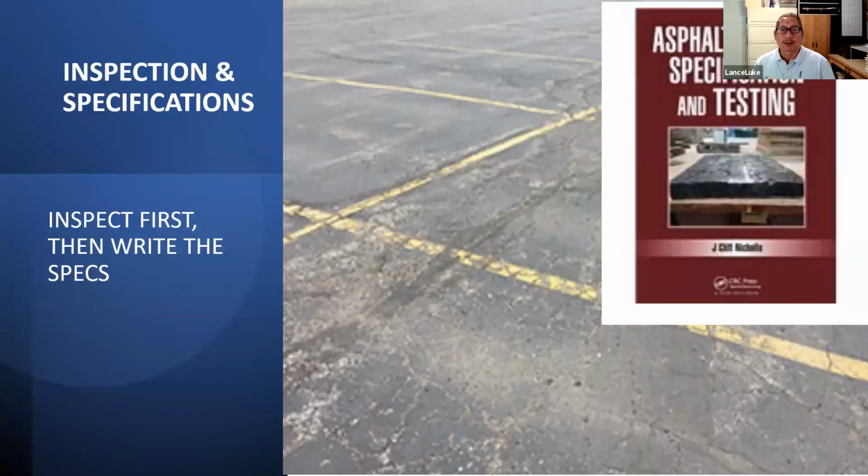If you look at the image, this road is a shopping center parking lot. It's pretty beat up. There's really no way to save it. I'll talk more about saving roads as we progress. There's many books out there, asphalt mixture specifications, testing, and all that. So that's what you do first.